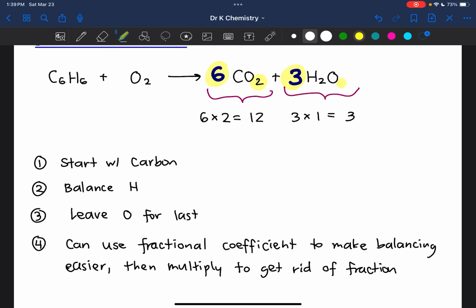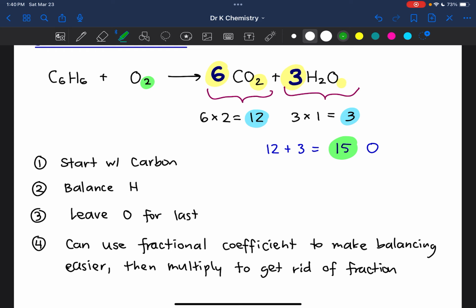And that means that on the right side of the equation, we have 12 plus 3, 15 oxygens on the product side. And this becomes challenging because on the right, we now have an odd number of oxygens, but on the left, we only have 2 oxygens.